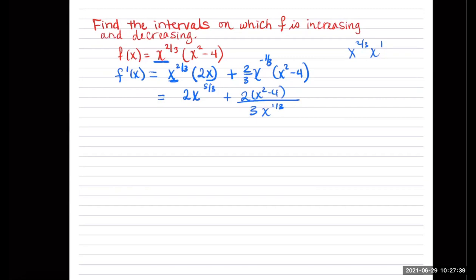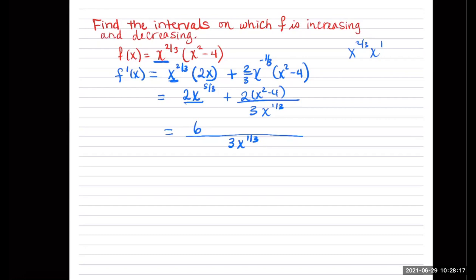And we are going to have to find out where that derivative is positive and negative. So that means that we need to find the places where the first derivative changes sign. And it can change sign when it's either equal to 0 or undefined. So in other words, we're going to have to find the critical points. Notice that I am adding those together, so I just have one fraction to look at. So I need to multiply 2x to the 5/3 times 3x to the 1/3. 3 times 2 is 6.